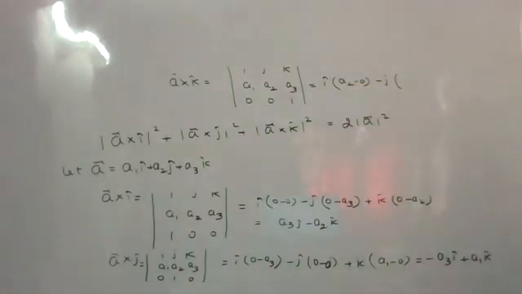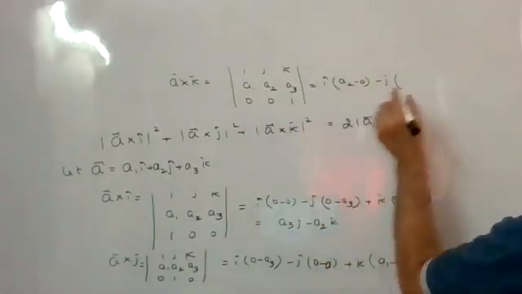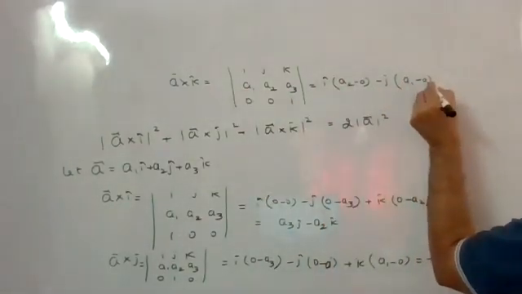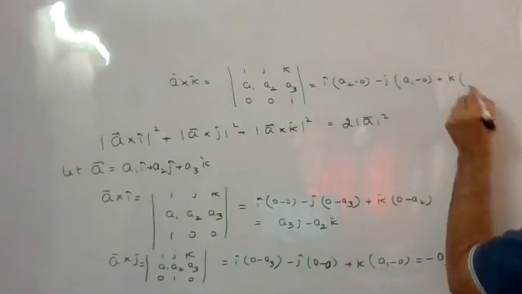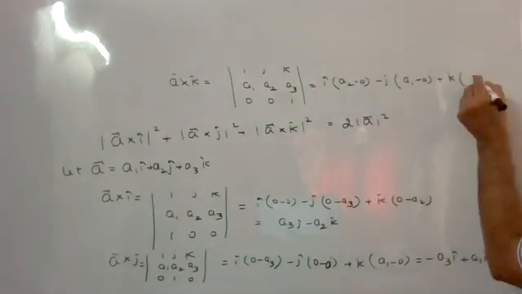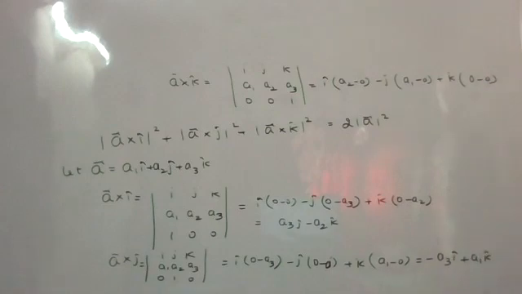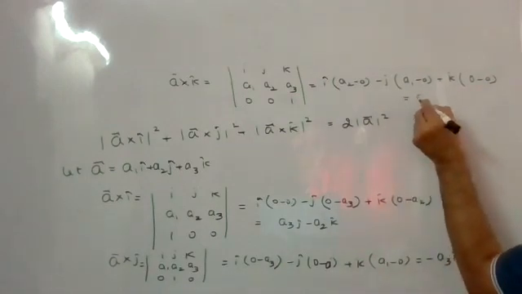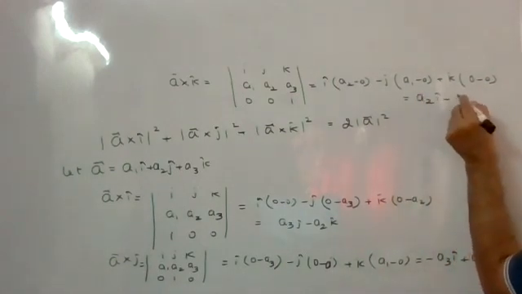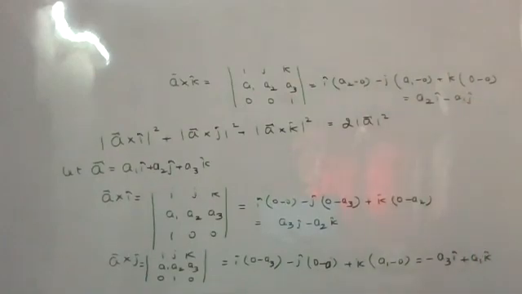Then comes minus J, A1 minus 0, plus of K, 0 minus 0. So it will come out to be A2 I cap minus A1 J cap.